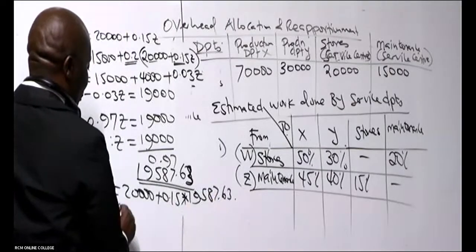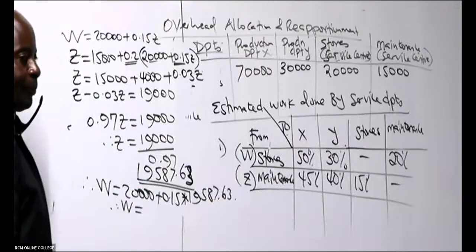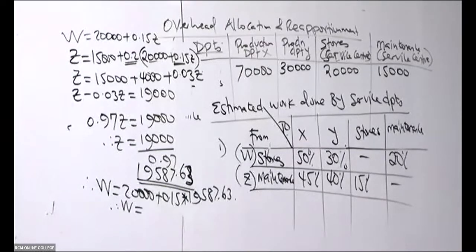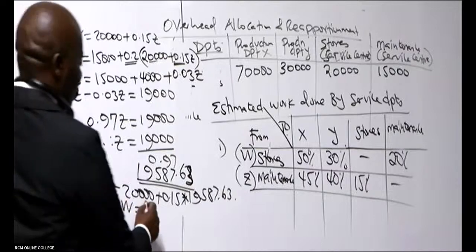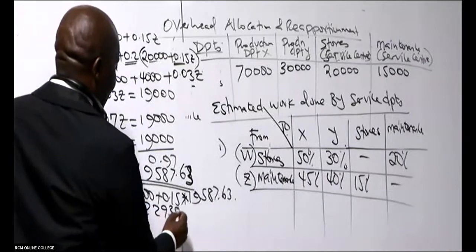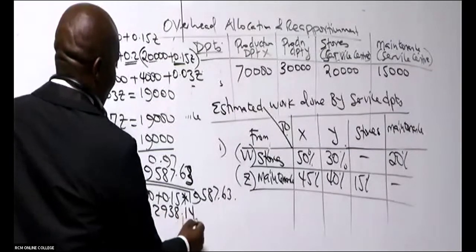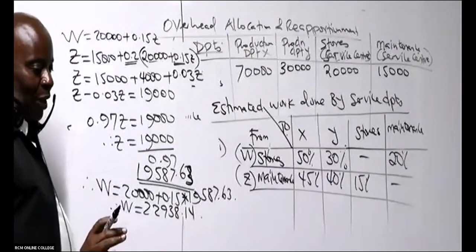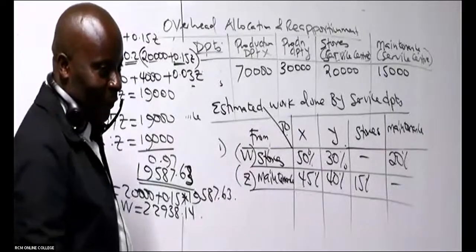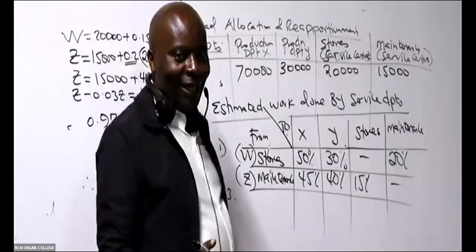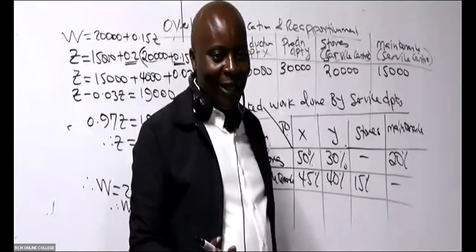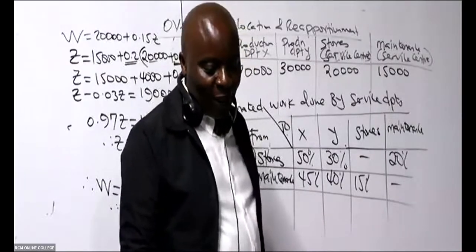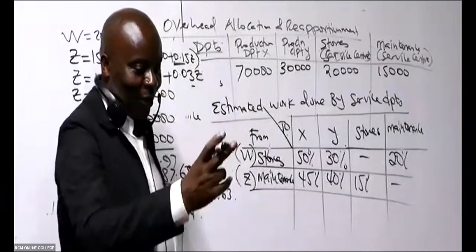So is there somebody who is going to give me this W answer? 22,938.14. The online ninjas have also said 22,938.14.